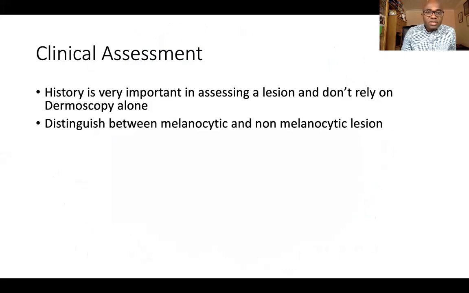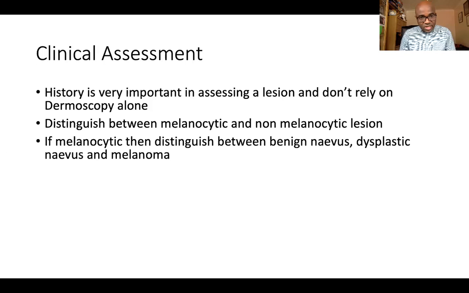The first approach is to distinguish between a melanocytic lesion and a non-melanocytic lesion, which is really important. Then, if it is a melanocytic lesion, you want to distinguish whether it is a benign nevus, a dysplastic nevus, or a melanoma. That's the approach you want to use.